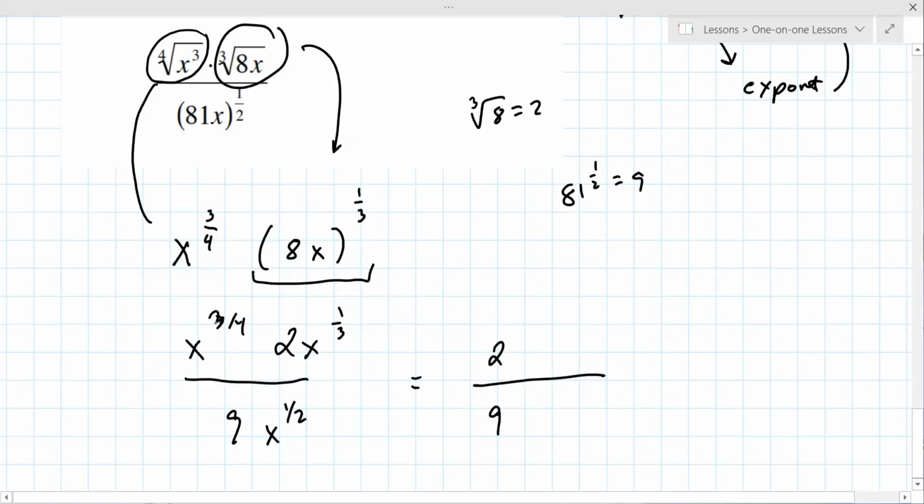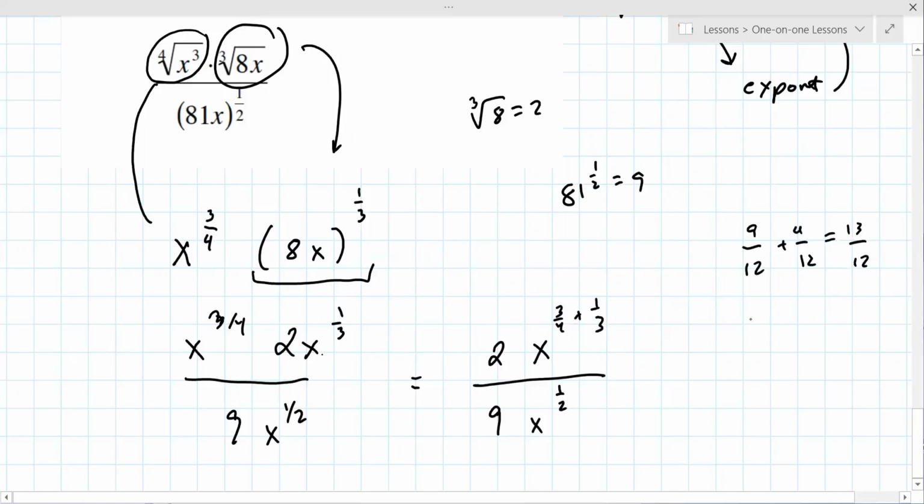And then you have 3/4 plus 1/3. So when you have bases that are the same, you have to add the exponents. So it's x to the 3/4 plus 1/3 over x to the 1/2. So 3/4 plus 1/3 is 9/12 plus 4/12. So that's 13/12.